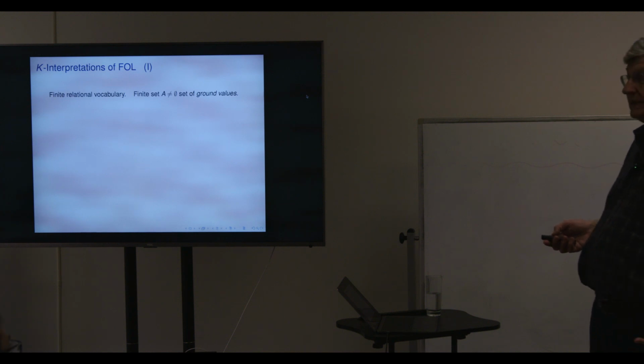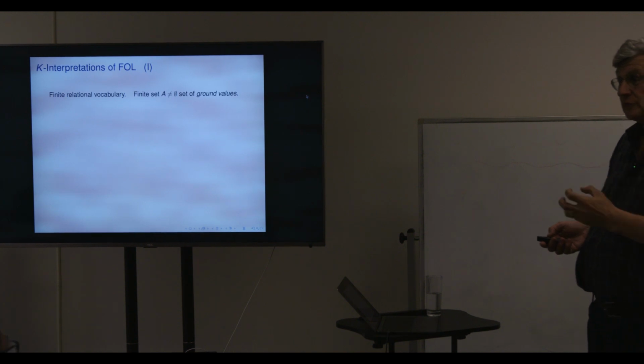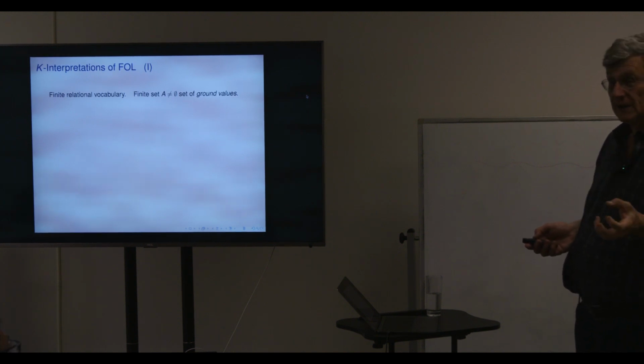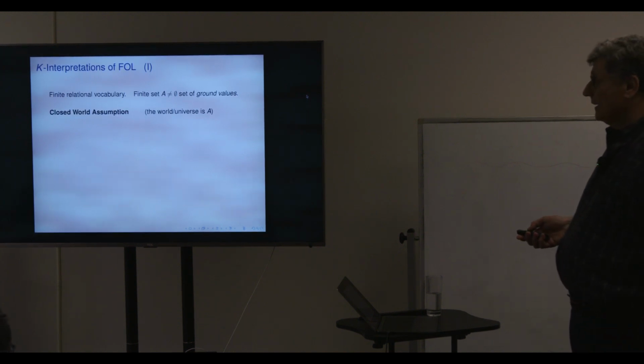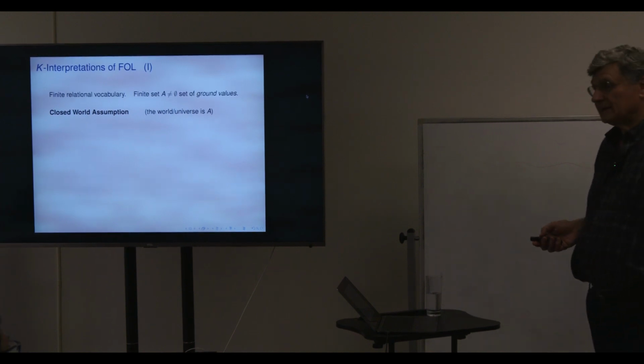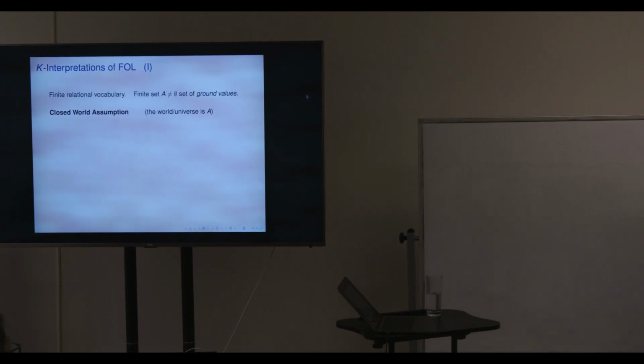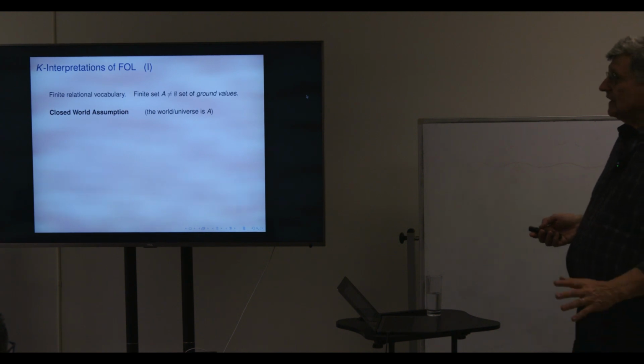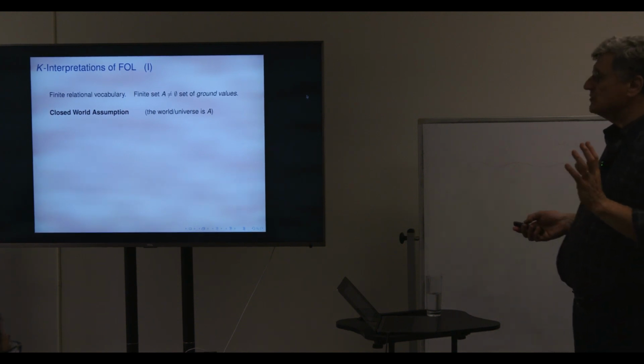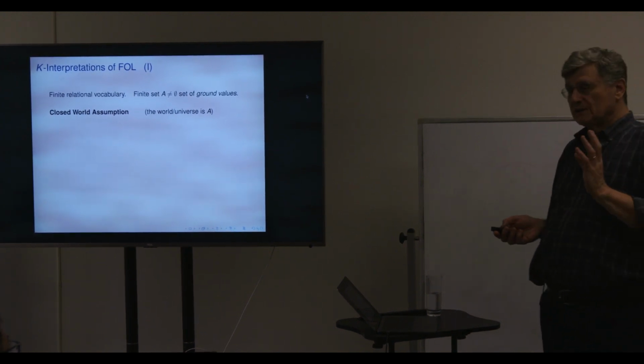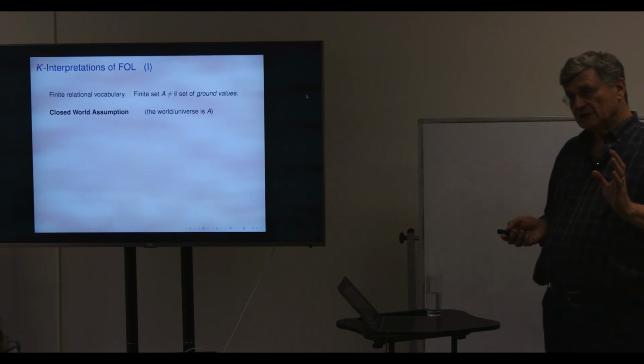But the big difference is the semantic values are not going to be true or false. They are going to be elements of a semiring. Another thing that I will probably have to repeat later on is that this whole approach relies on what's called the closed world assumption, which means the following.